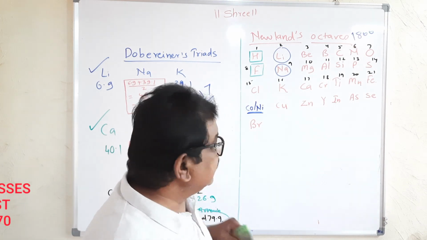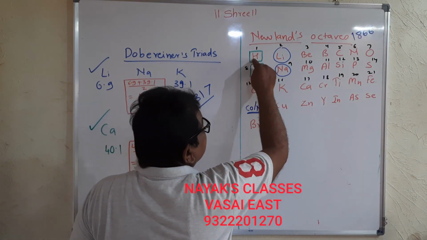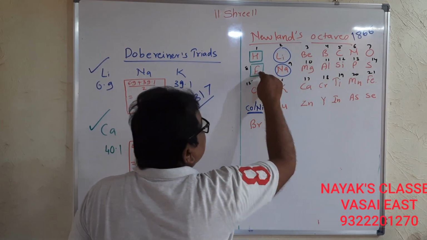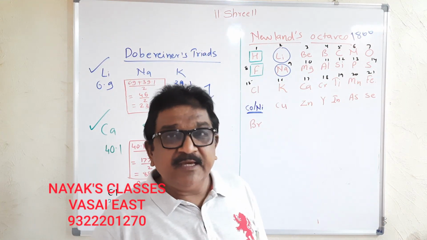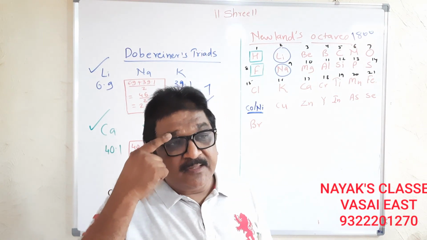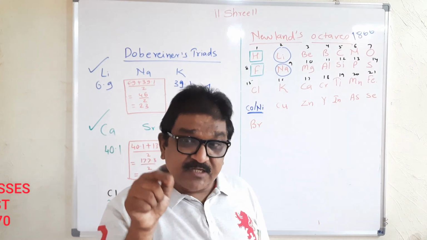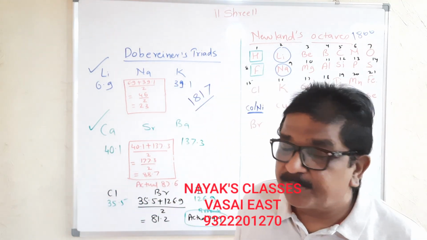What is the meaning? Hydrogen is first. After that, the 8th one is fluorine. After hydrogen, he arranged in the increasing order of their atomic masses. He saw the first and 8th element showing similar properties.